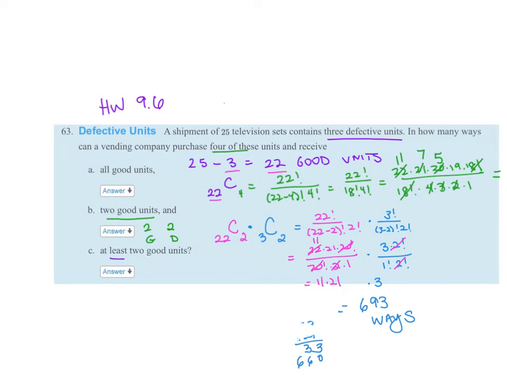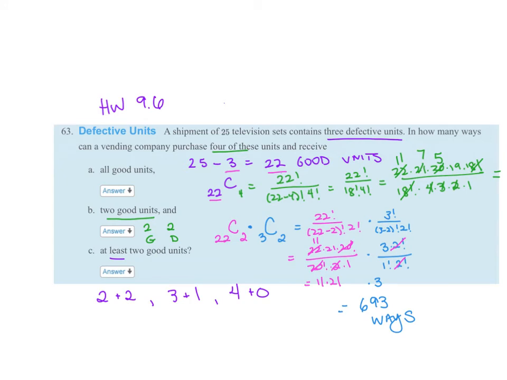Now the next question asks, how many ways could they purchase at least 2 good units? So remember what at least means. At least 2 good means 2 good plus 2 defective. They could also get 3 good and 1 defective, or 4 good and 0 defective.